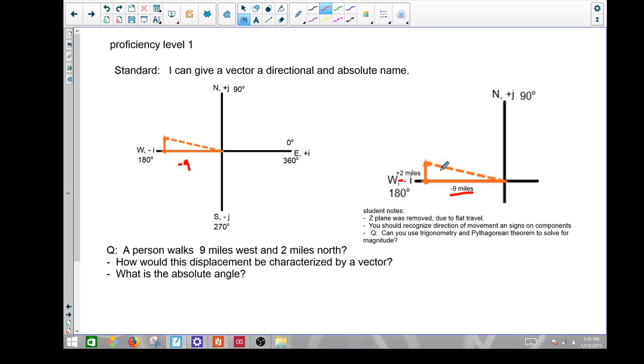Now again, if I'm to scale, I could actually measure the length of that line and apply it to a scale. But at this point, I'm going to use a little bit of math. Okay. This is a right triangle. Now what's unique about this particular problem is that my two vectors are at 90 degrees to each other. That's a pretty important point here. Well, this is a 90-degree triangle.